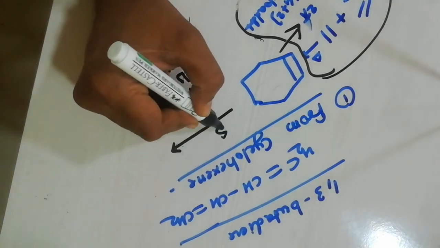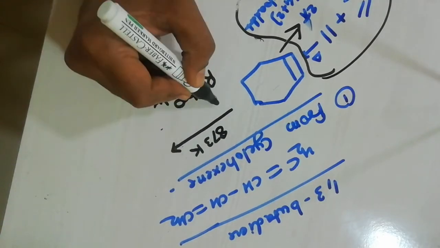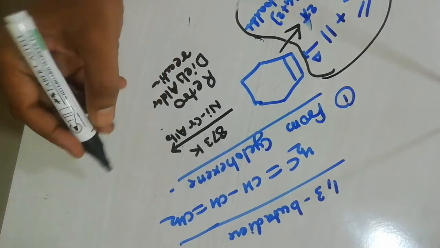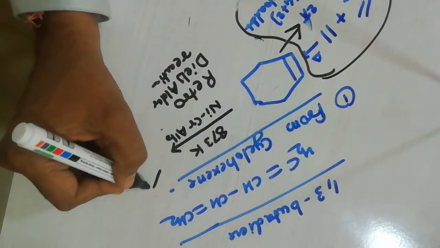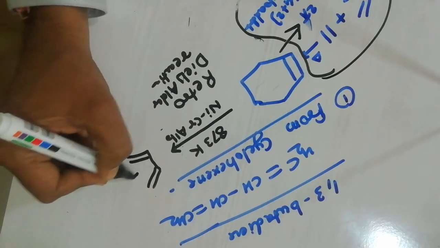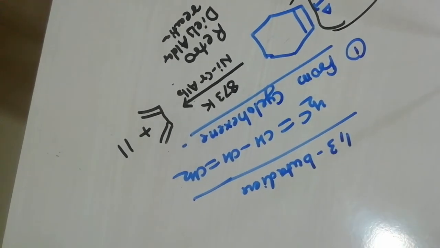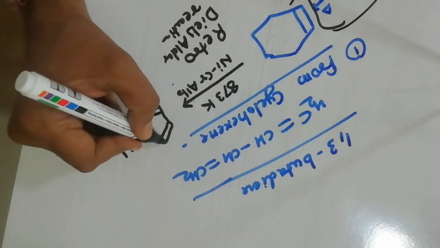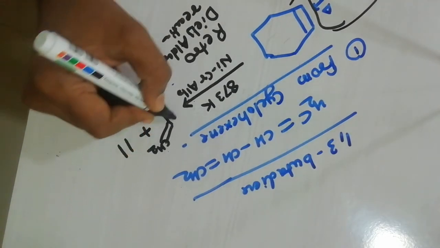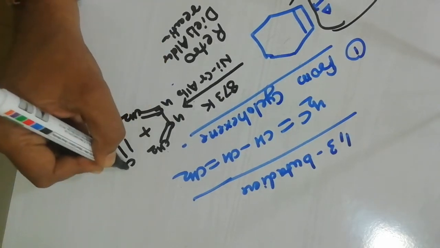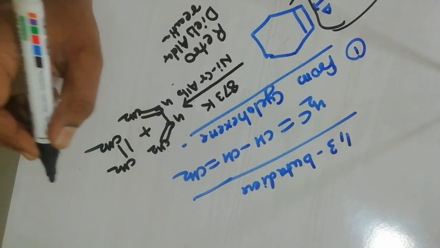If you heat the cyclohexene to 873 Kelvin in presence of nickel chromium alloy, then you will get back the starting materials. This compound is 1,3-butadiene. This is the line representation of 1,3-butadiene. You can write it like this, CH2 double bond CH2.